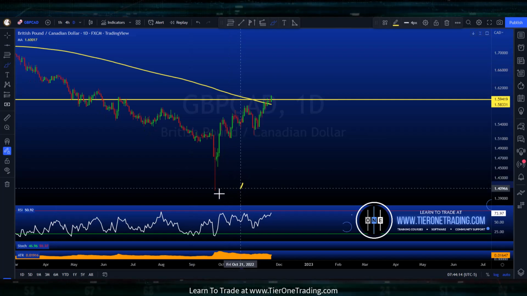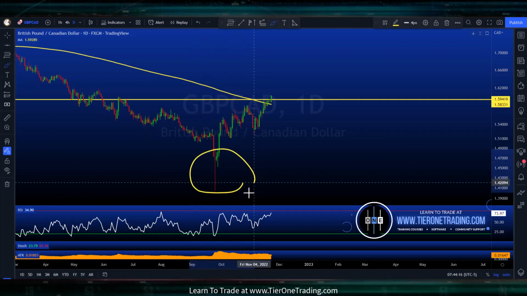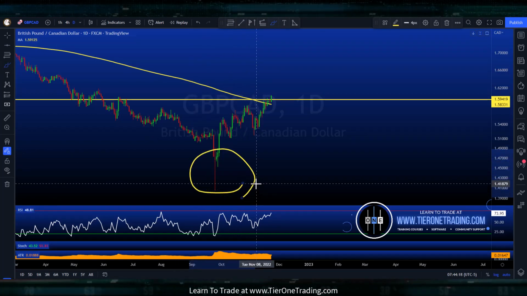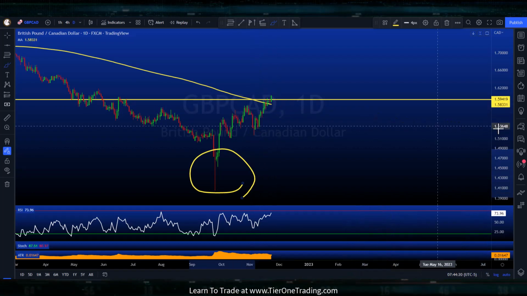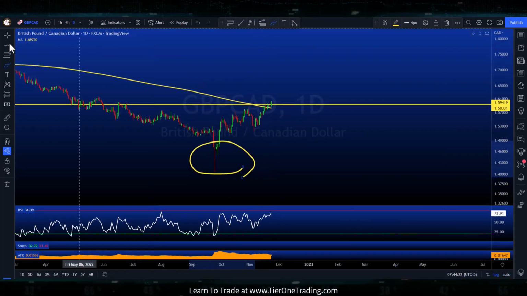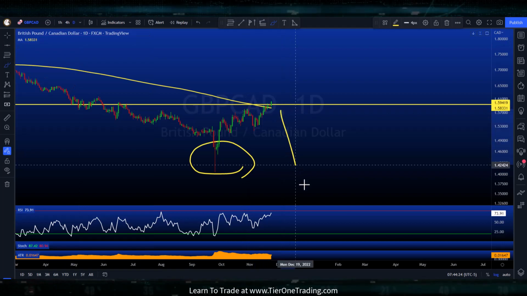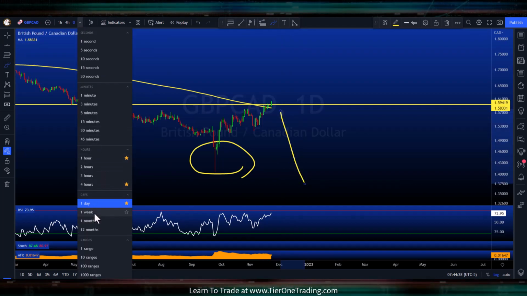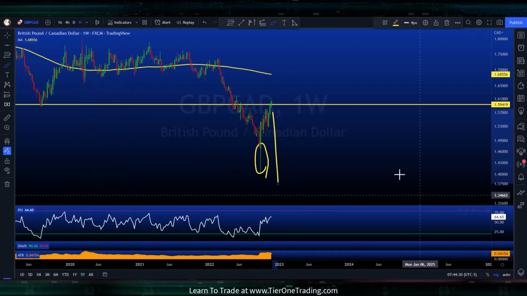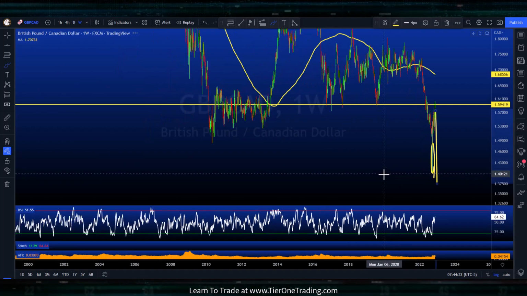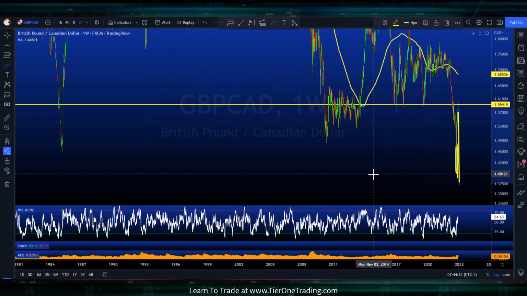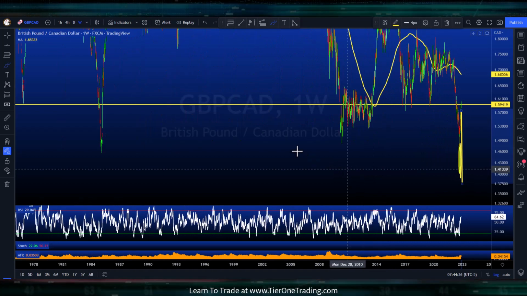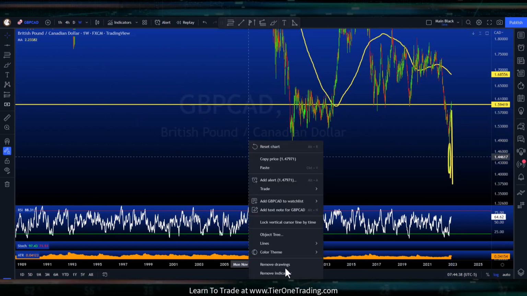One, with the rejection that we saw down here, I have no belief that we're likely to continue lower. Let me just check on where that rejection comes in at the weekly because I'm not too familiar with this pair. But based on that hold right there, I don't have any reason to think that we're likely to continue lower.